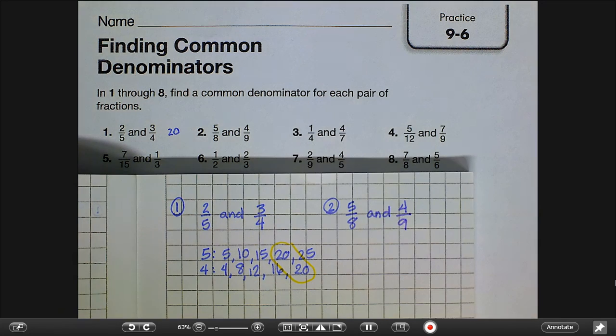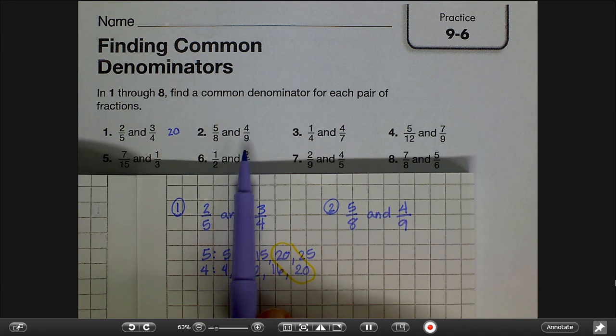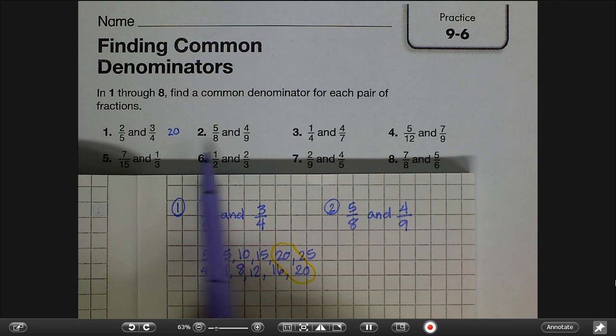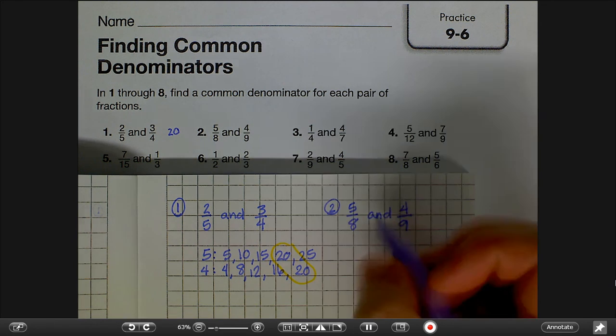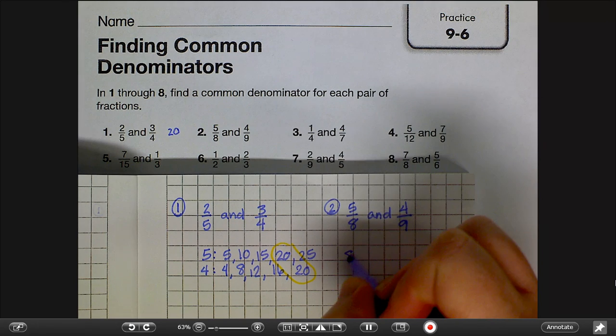Now, sometimes if I am thinking about these two numbers and I can't automatically think of a number that would be a common multiple, then I could always just multiply these two together. 8 times 9 is 72. So I could just start with that. But let's go through our process and check it out and be sure that that's going to be the least common multiple.